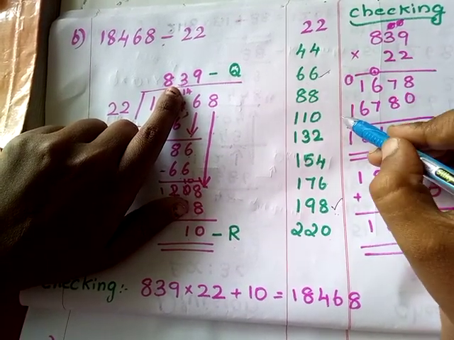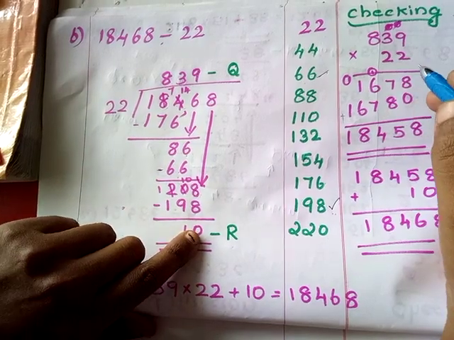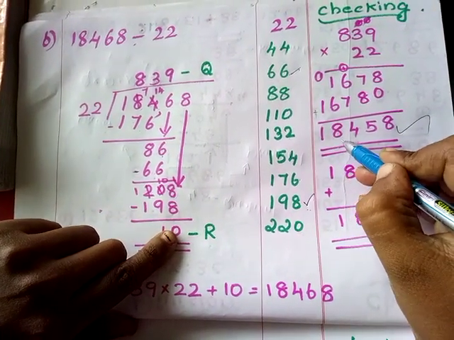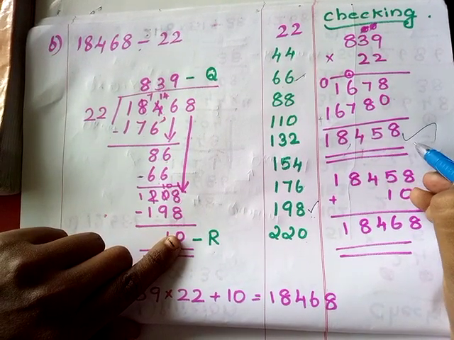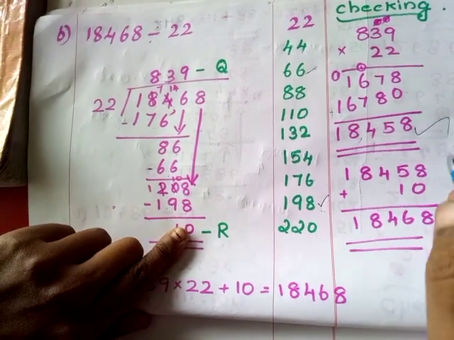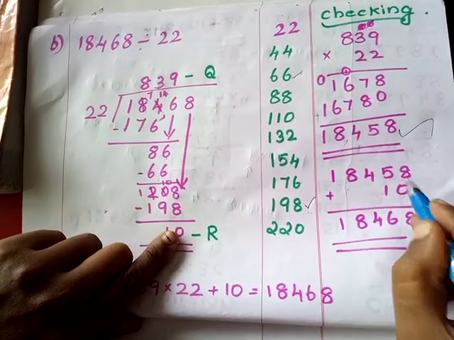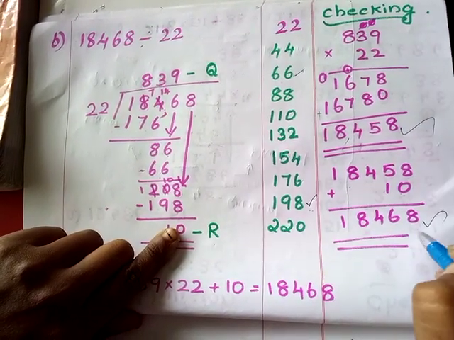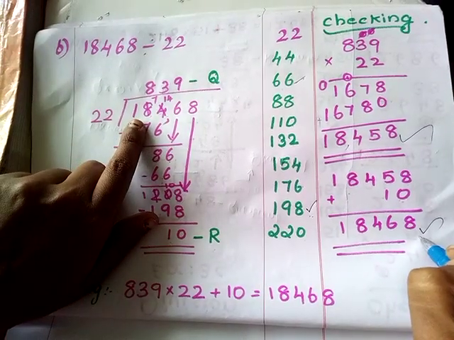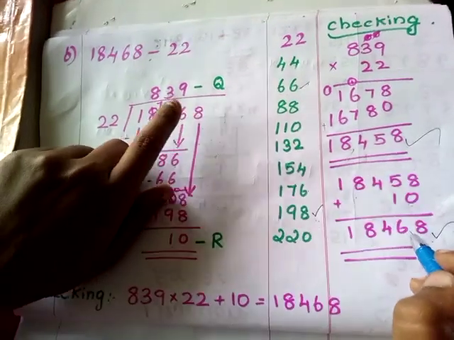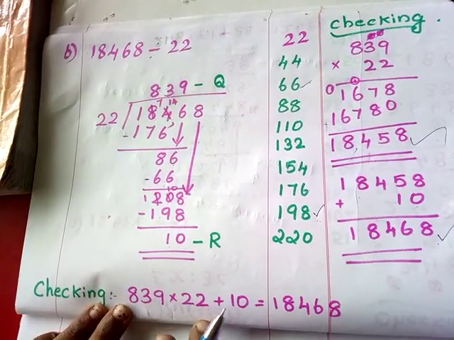When I carry out my normal multiplication method, I get the answer 18,458. Now to this, I need to add my remainder. What's my remainder? 10. So when I add 10 to this number, I get 18,468, and that is exactly my dividend. So my answer of division is correct. That is my quotient, what I received is correct.